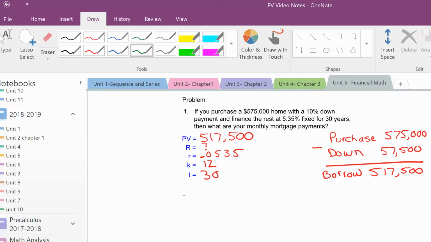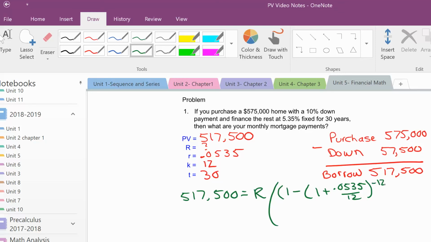So you write out the formula, divided by 12 to the negative 12 times 30, divided by, and then 0.0.